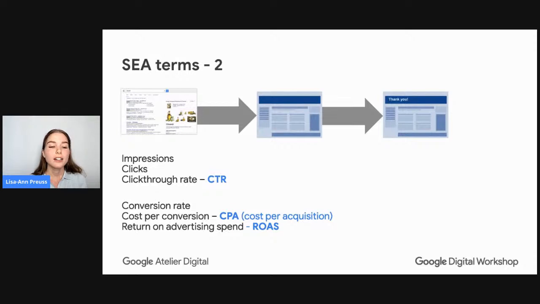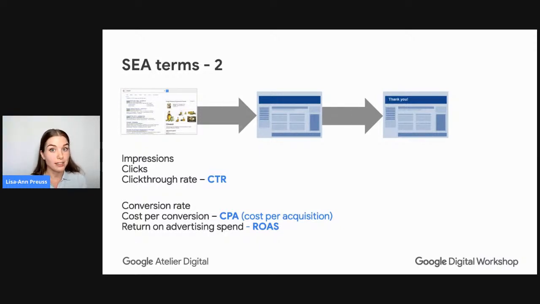Regarding the conversion rate, this of course is only possible if you have conversion tracking in place. And for those of you that do, what you can do is calculate the conversion rate by taking your total number of conversions divided by your clicks times 100. That way you can see how many people out of those that are clicking onto your ad are actually converting.